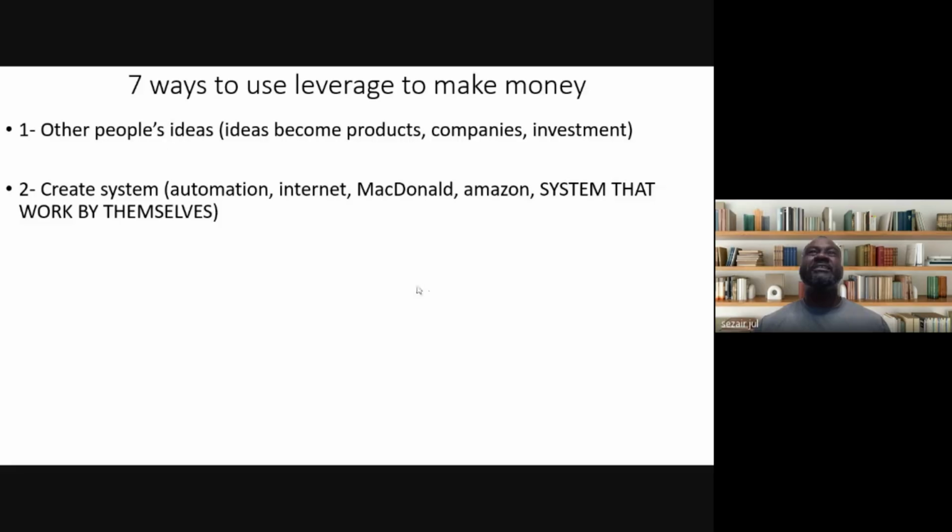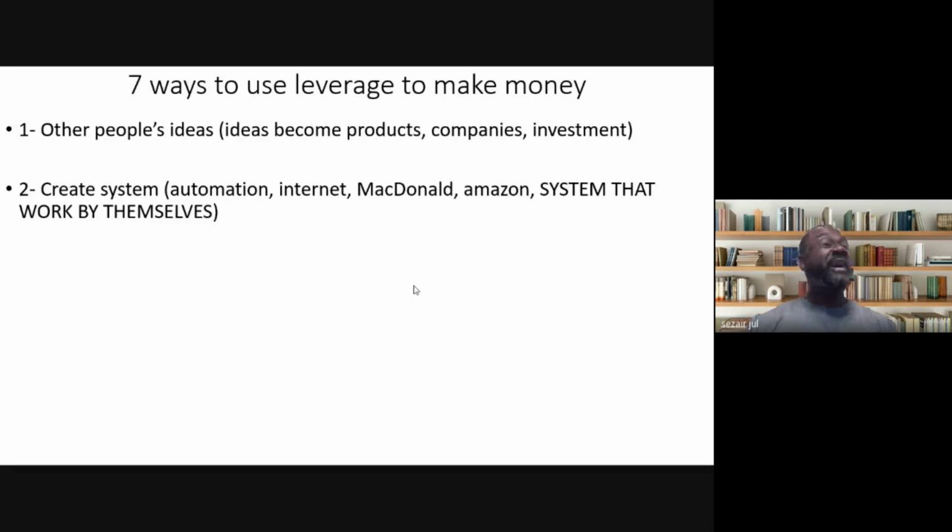All right. Number 2, create a system. Automation, internet, McDonald's, Amazon.com, systems that work by themselves. McDonald's is a great example of leveraging a system.